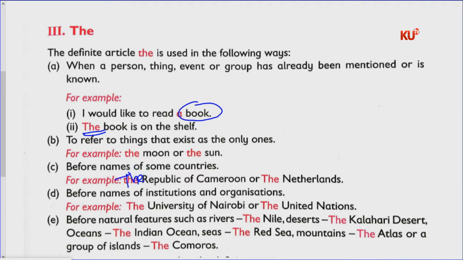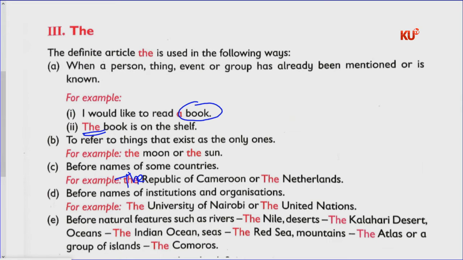The Republic of Cameroon, the Netherlands. Before names of institutions and organizations: the Kenyatta University, the United Nations, the KBA group of schools. I know some of your schools take the article "the" because they are names of institutions or organizations.